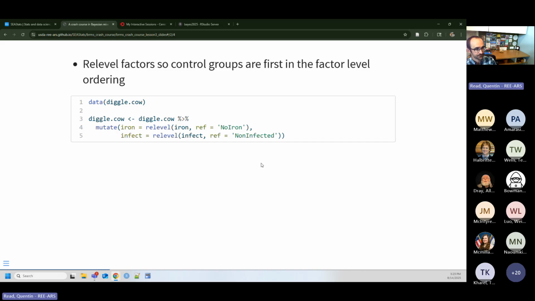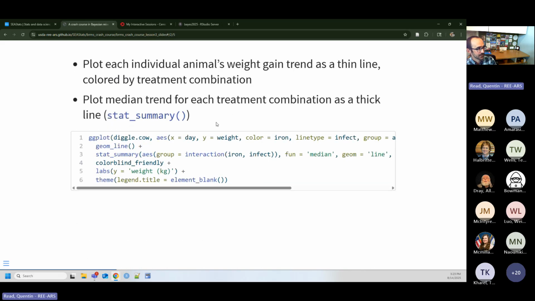Before we actually fit models, we're going to plot an individual trend line for each cow's daily weight. Each individual cow's line will be colored by what iron treatment it got, and we're going to use solid and dashed lines to represent the infection status of each individual.